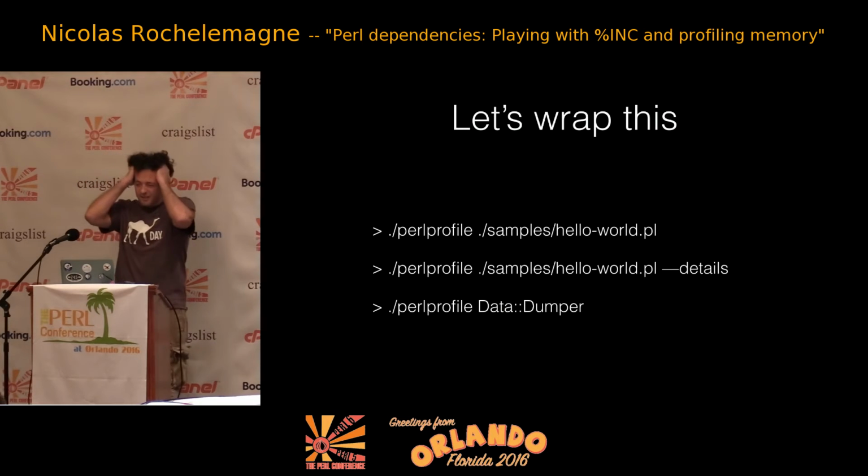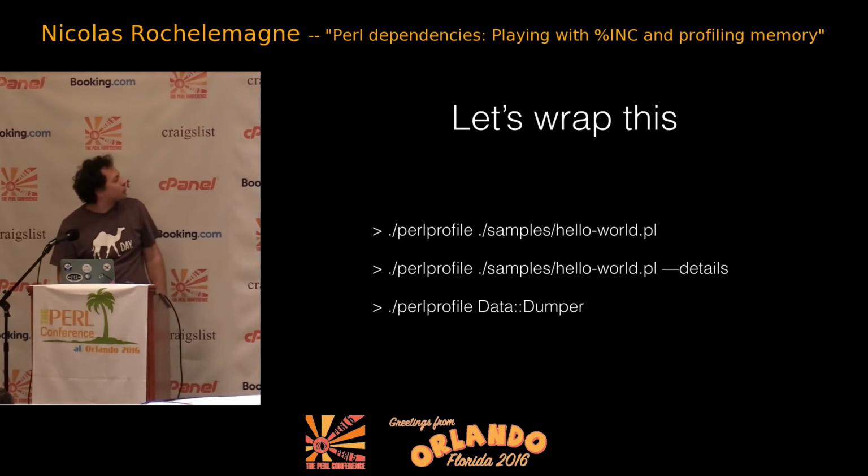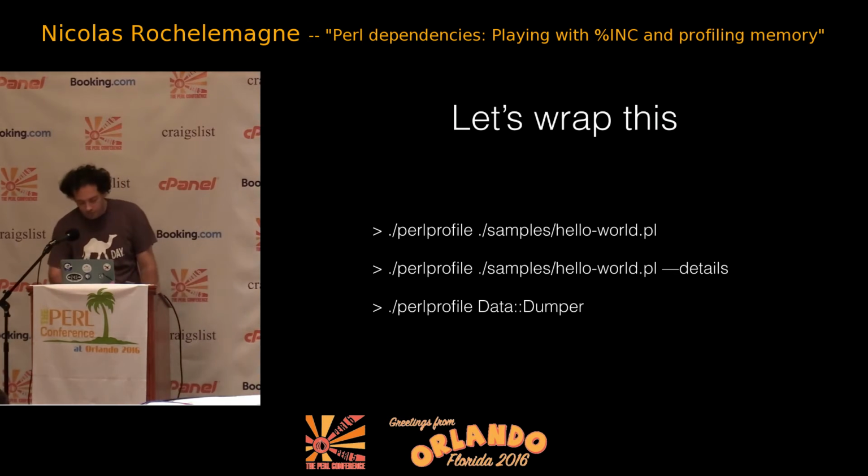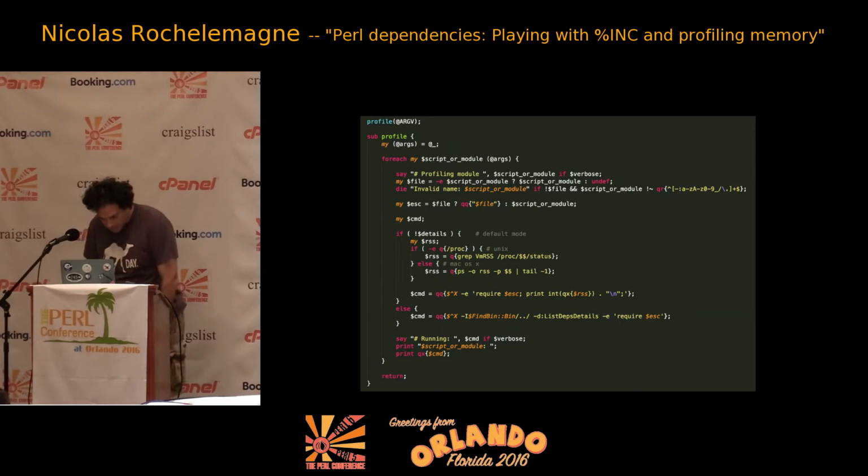Same thing, this is not very convenient. Let's wrap this in a script where I will be able to say, give me the memory or give me some details for that script or module.